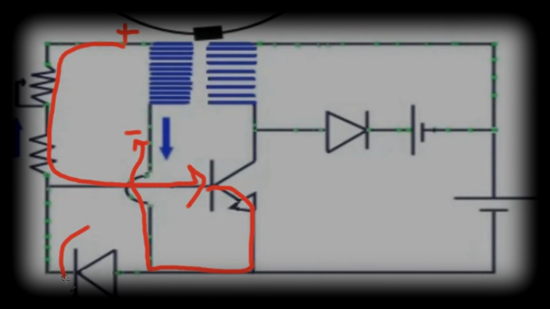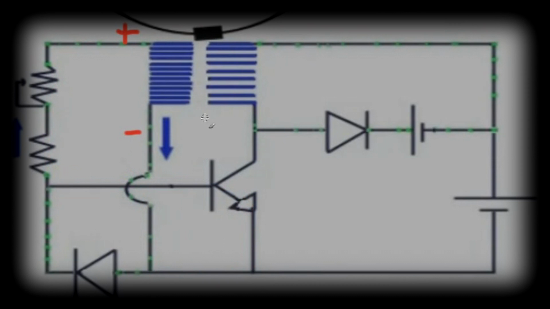So what is this diode doing? Okay. We know the biasing of the magnetic field on the trigger coil is like so, plus and minus.